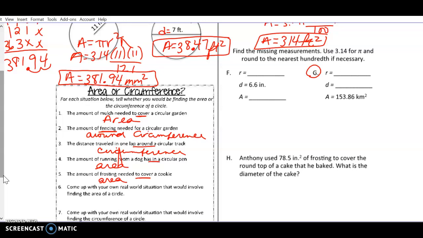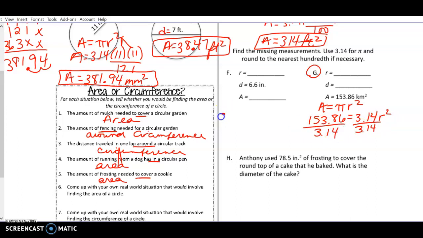So the area, A equals pi r squared, and we have area equals, I'm sorry, let's put the number for the area. 153.86 is equal to 3.14 times something squared. Well, we know we're multiplying, so the inverse is to divide.